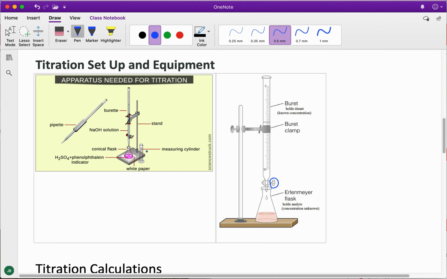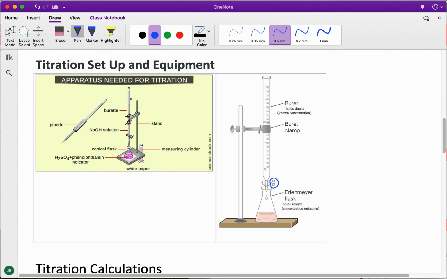Notice some of the other things they're showing in this picture on the left. They have a graduated cylinder and a pipette. That's one way you can get your solution of the strong base into the burette.